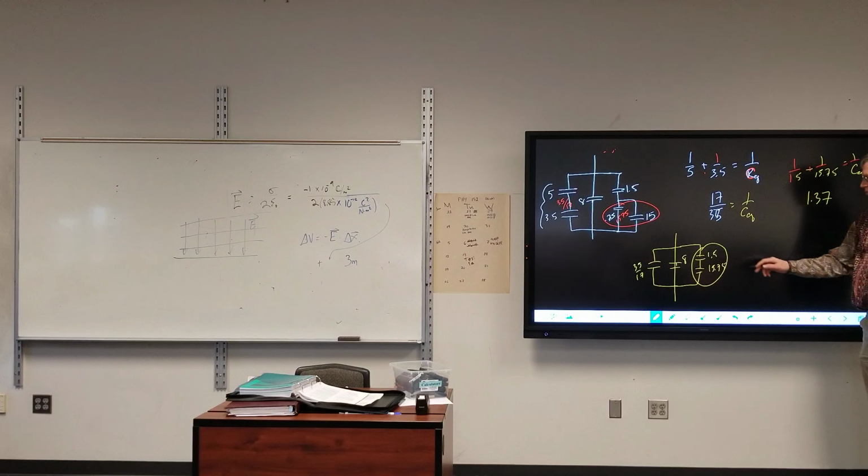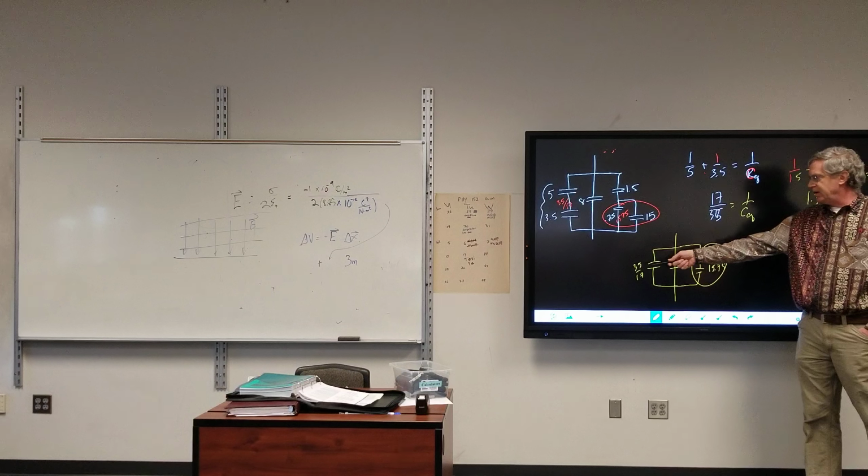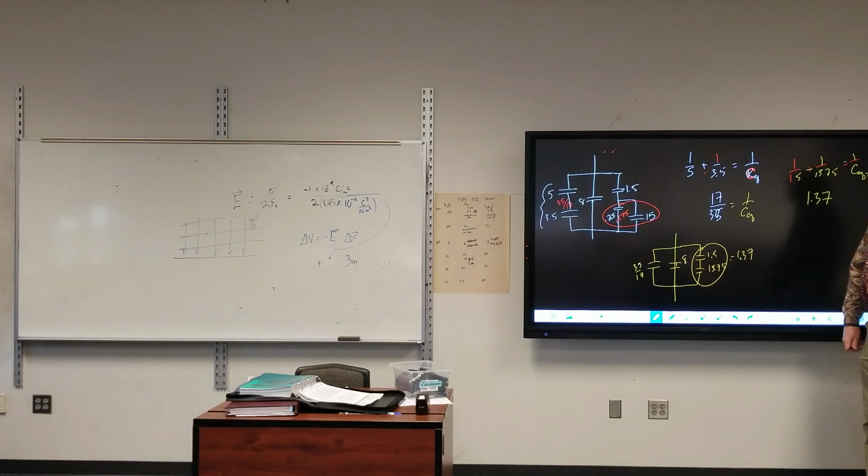So now I have this 1.37 and 8 and 35/17 in parallel. So would you just add all of them up? Yep. And so my total equivalent capacitance is 9.37 and 35/17 microfarads.